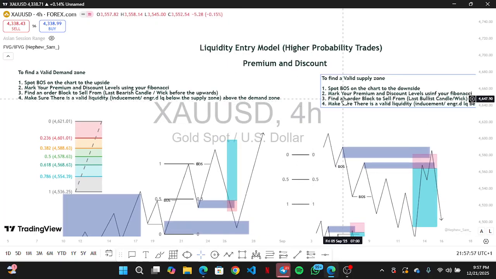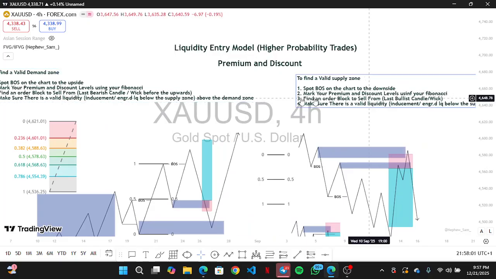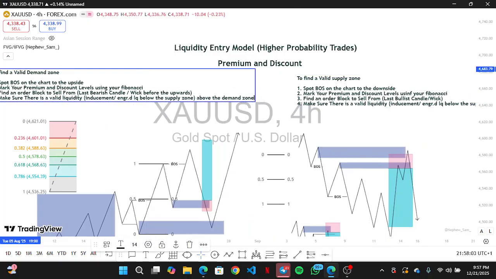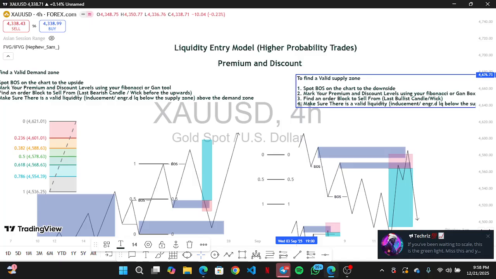So mark premium and discount levels using your Fibonacci tool or Gann tool. There are different tools to use to trade on TradingView.